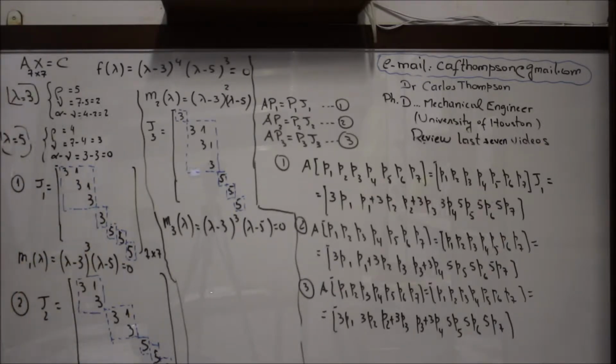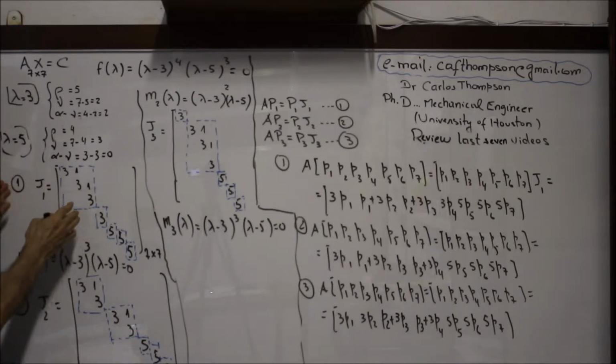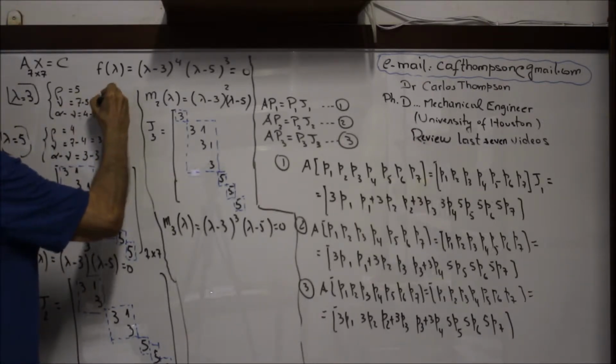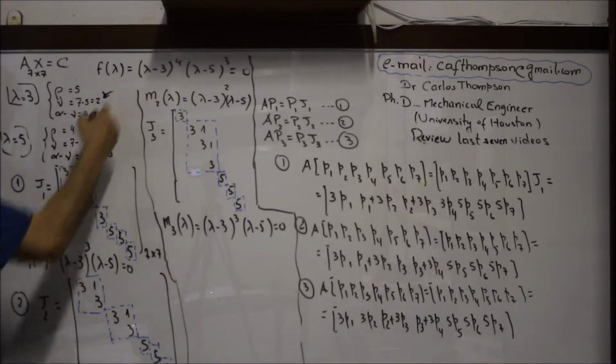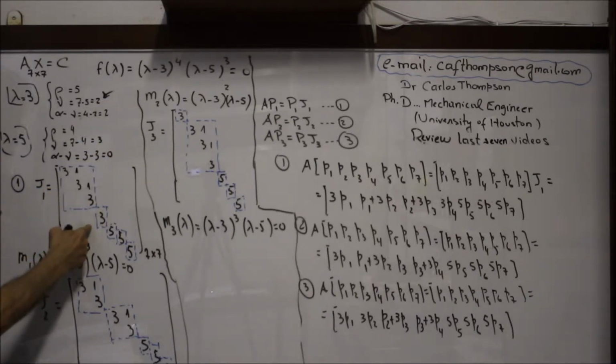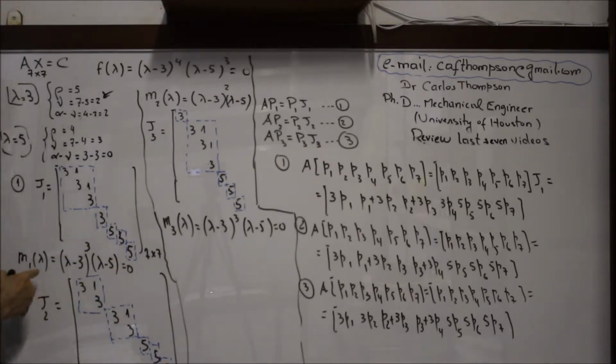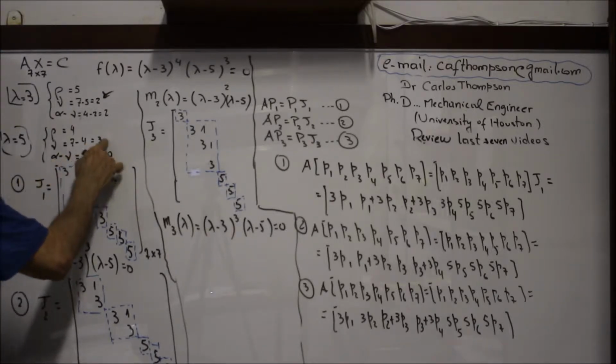Then it's here. Now, as I said, these are the blocks. This corresponds to J1. Here we have 1 block and 2 blocks for lambda equal to 3. And we also have 3 blocks for lambda equal to 5. You see 3 blocks here.